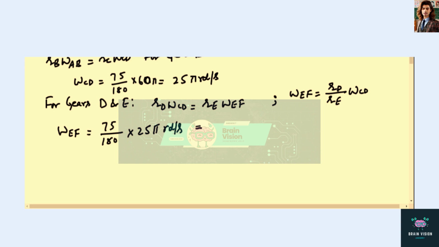So it will be 10.4167 pi radian per second.